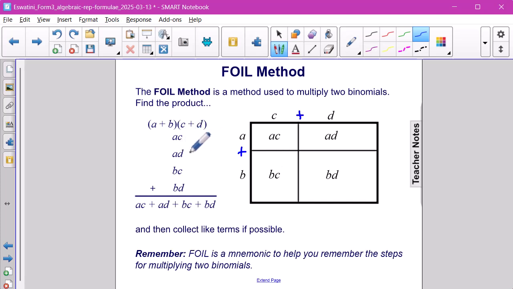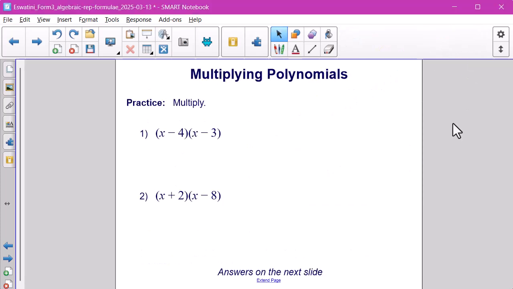And again, you see we get all of these terms in this rectangle and we add them up, collect any like terms if possible, and that's how you would find the solution. So this is just an area model to help demonstrate how and why the FOIL method works when you multiply two binomials together.